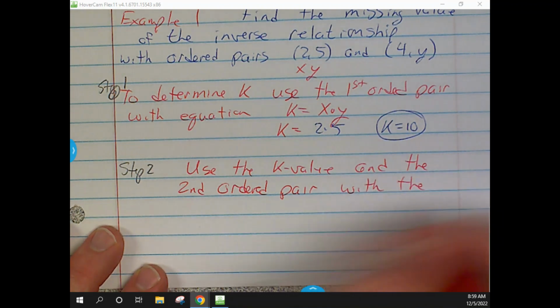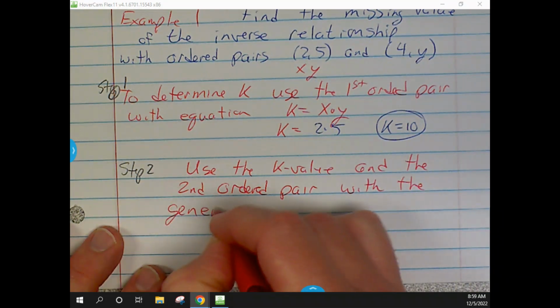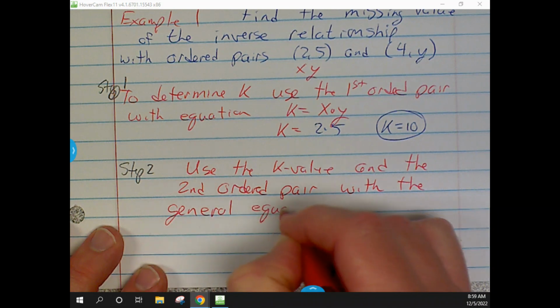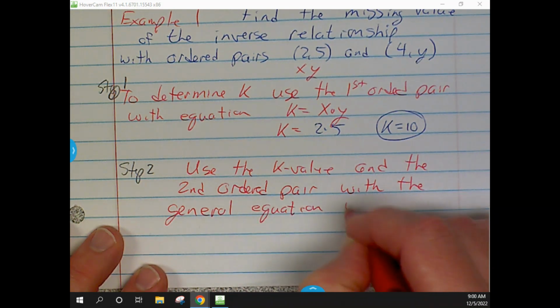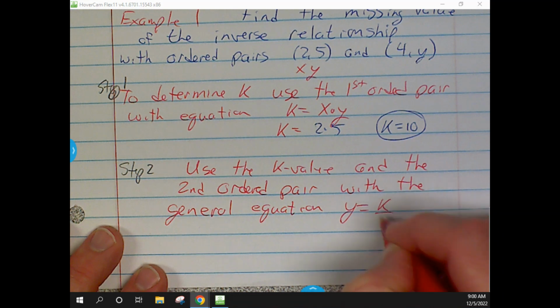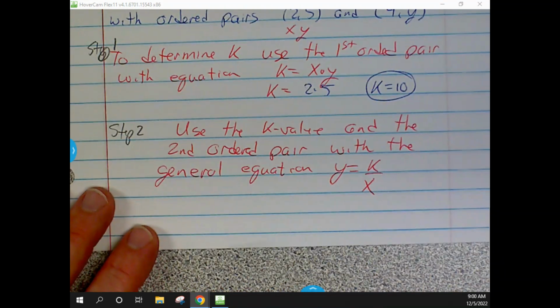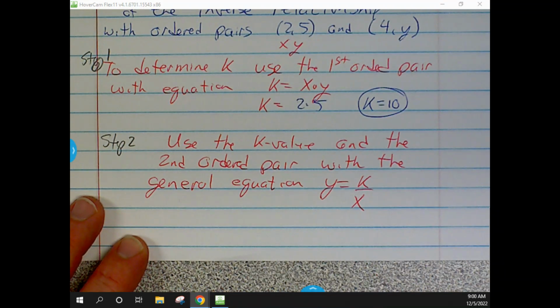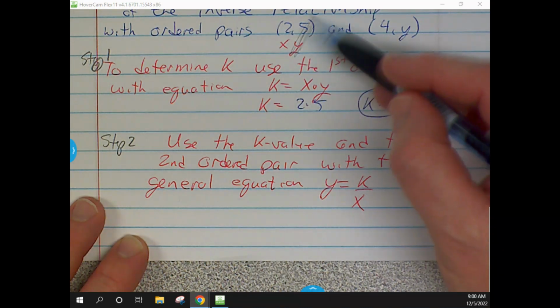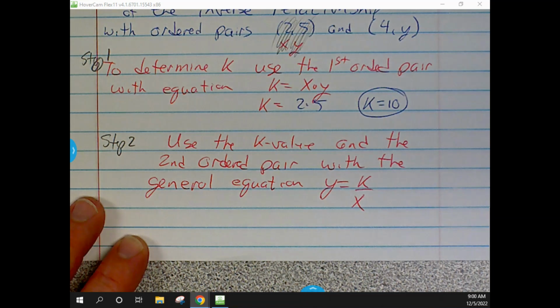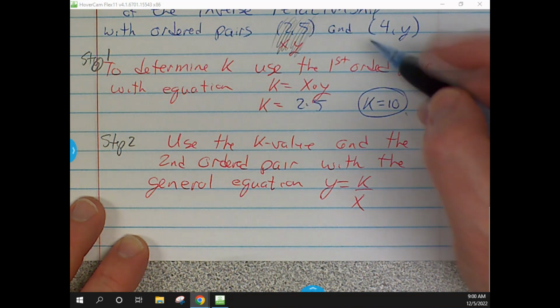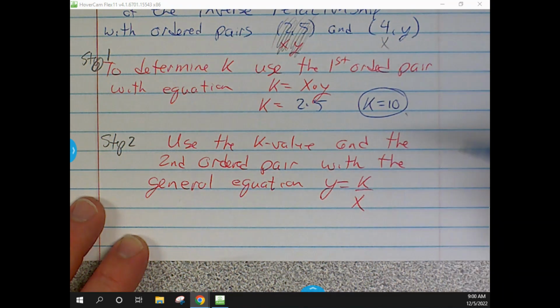And we're going to use that with the general equation of y equals k over x. Okay, so we've already used the first point, so it's out. So the only thing we've got left now is we know the k value is 10. We've got this ordered pair, which is x is 4 and y is we don't know.